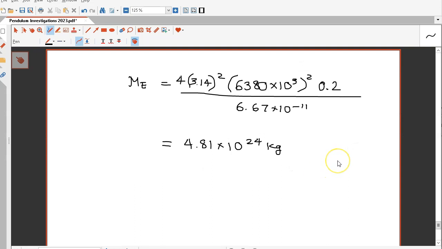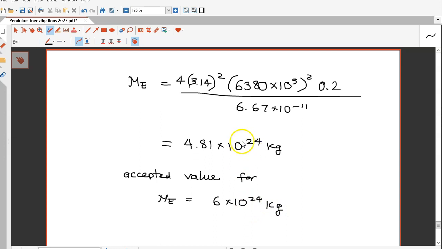So in physics, sometimes what we're more interested in is the order of magnitude. So we can say here the accepted value, which is based upon more careful measurements with more sophisticated equipment for the mass of the Earth, is 6 times 10 to the 24 kg.